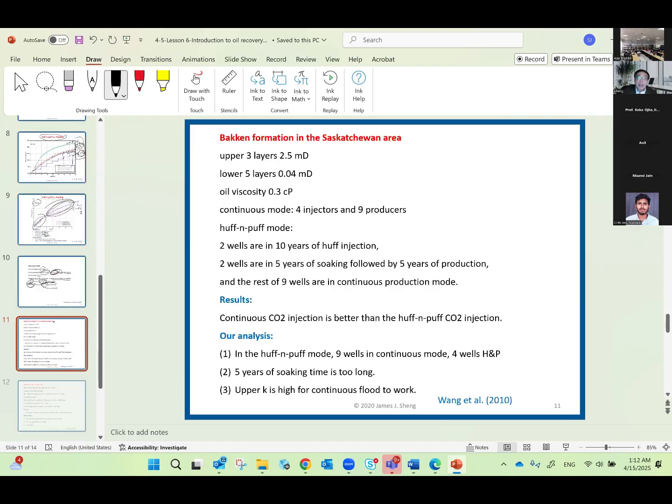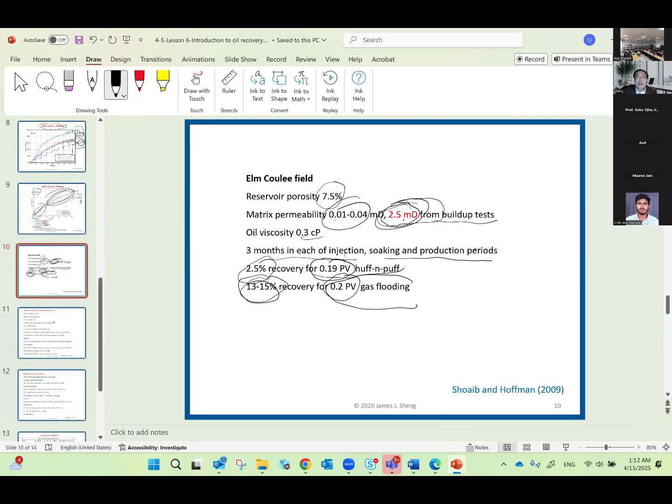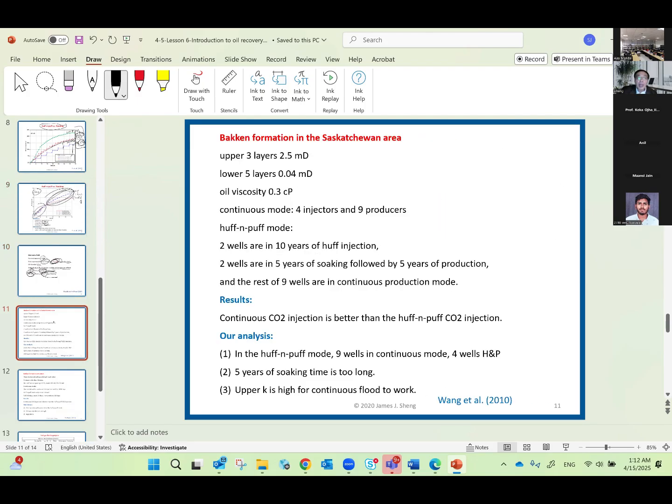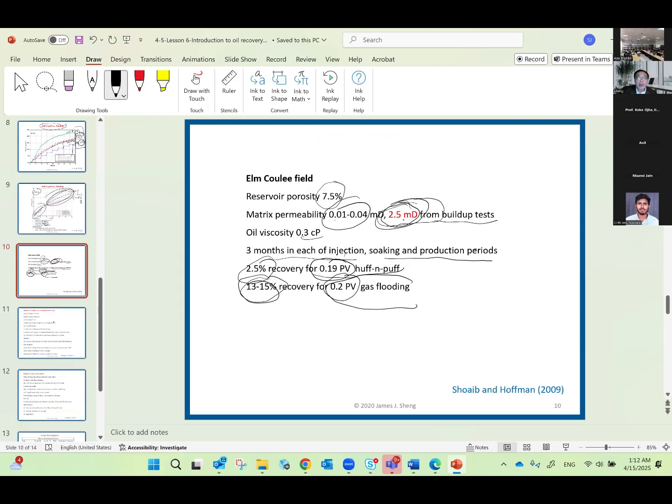Okay, this is something different from what we understood or what we presented earlier. Why? Because in this case, let's look here. Permeability is 2.5 millidarcy. So that means this is a relatively high permeability reservoir. So like a conventional reservoir.